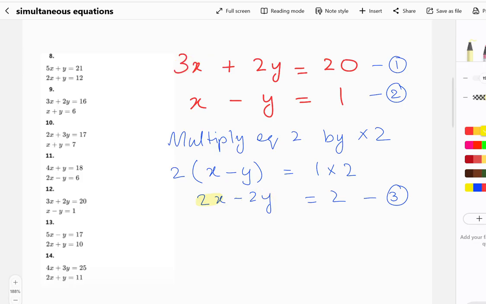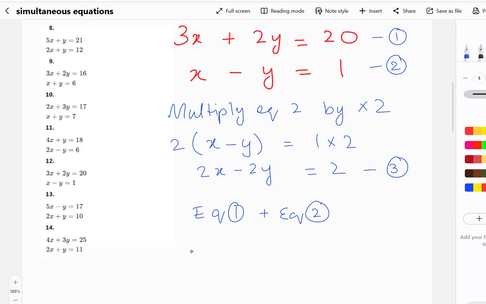So we have to do equation 1 plus equation 3. You could say add equation 1 and 3, because we're adding this one and this one.